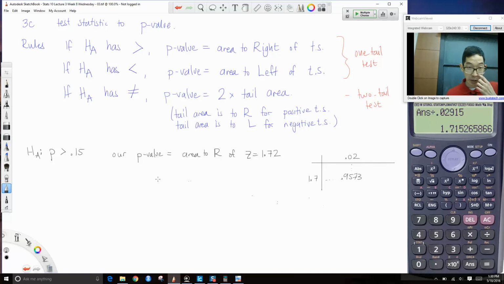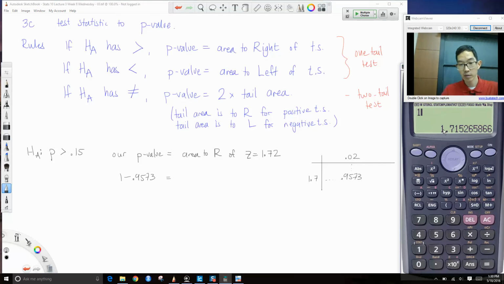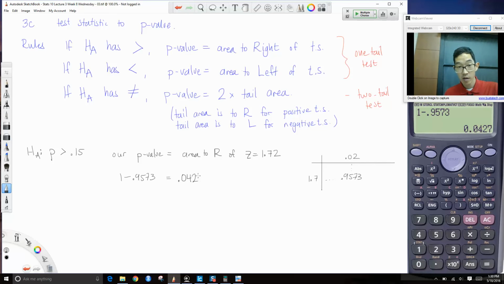And so the area to the right of that is 1 minus 0.9573. So our p-value is 0.0427.